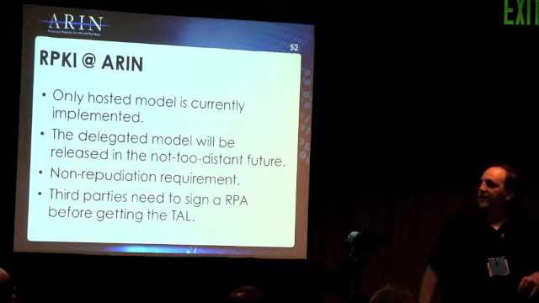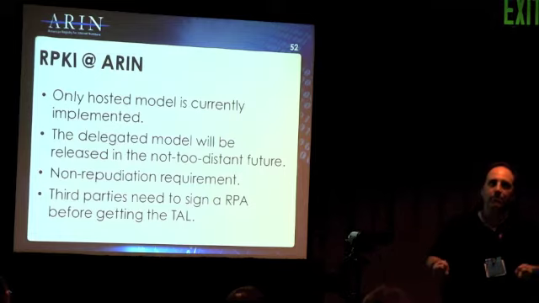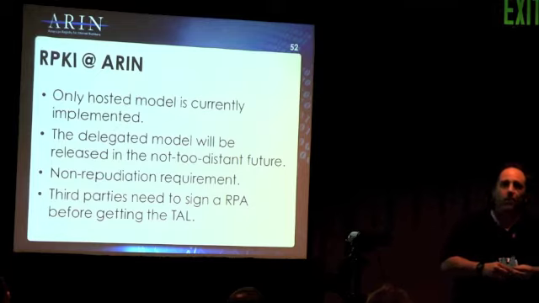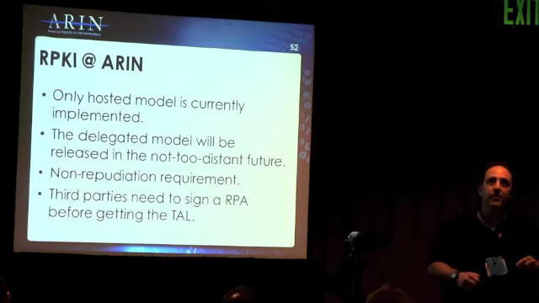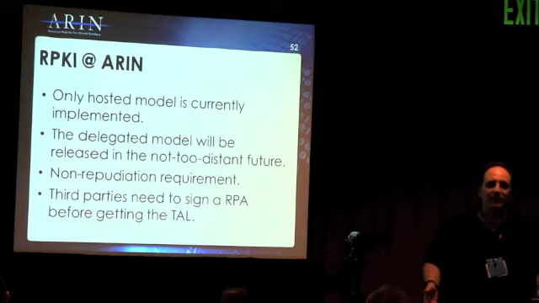What we do is we store your public key along with another key pair that's generated on our HSMs. Whenever you submit a ROA to us, it needs to be signed by the private key associated with the public key that you submitted to us.